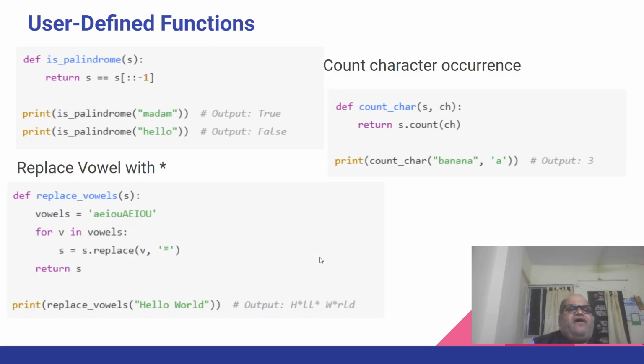Let us look at how you can write user-defined functions around built-in functionalities of strings as supported in Python. So the very first program is about checking whether a string is a palindrome or not. So what is a palindrome?